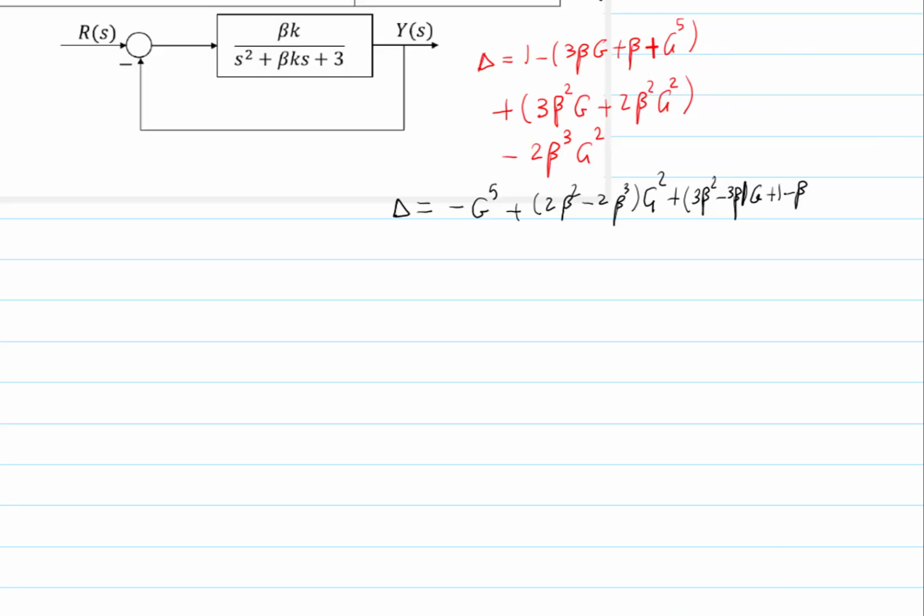So let's write the P1, this will equal G to the power 5, and delta 1 was equal 1 minus beta.